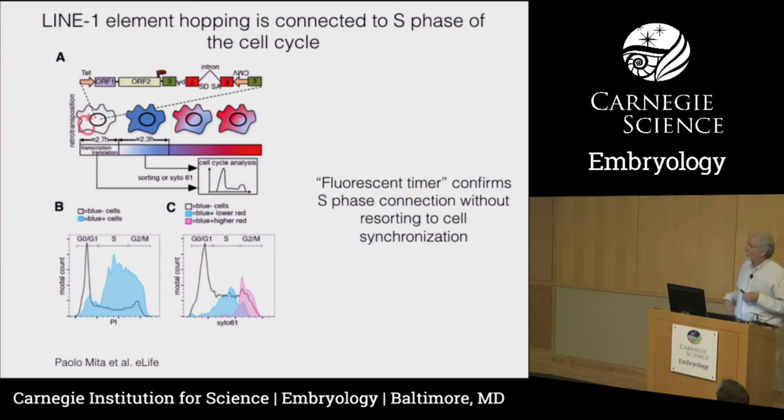And so this allowed him to look at this process in a pool of unsynchronized cells, which could be sorted on either the blue, the red, or the intermediate shades. And the result was really quite spectacularly clear. When blue cells were sorted, there was a huge peak in the S phase cells, whereas when the red cells were sorted, they were all in G2M.